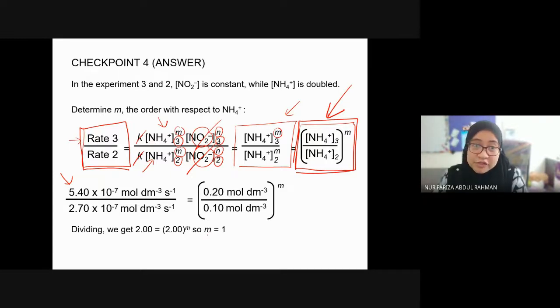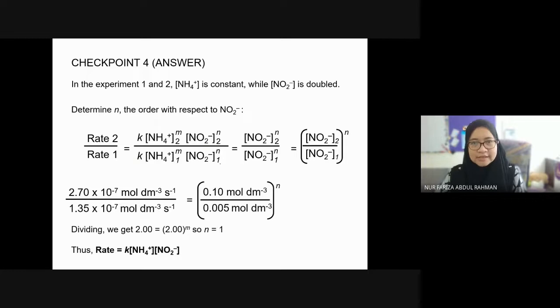Let's say you want to use X and Y, M and N, A and B, it doesn't matter, as long as it is representing the order of NH4 plus. So the M is equal to 1. This is with respect to NH4 plus.